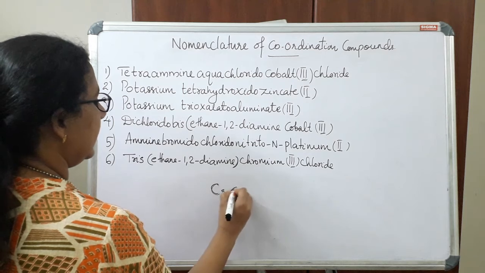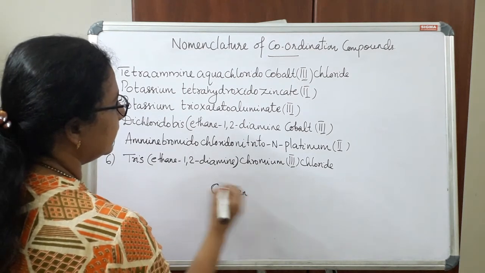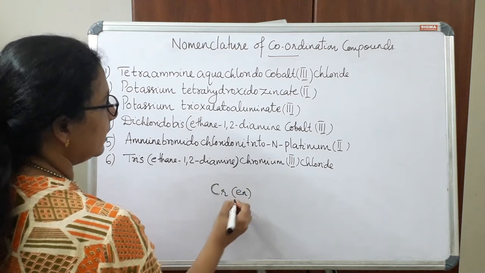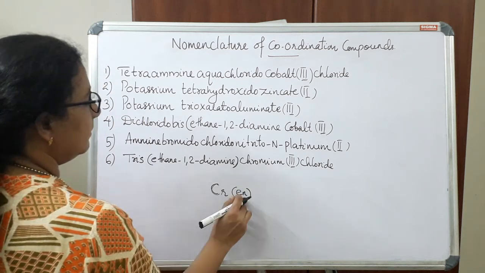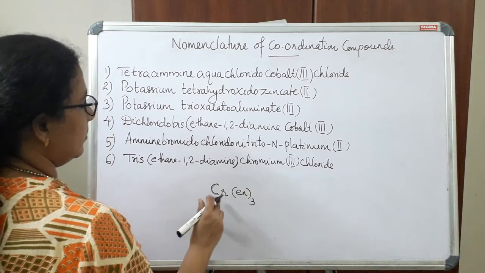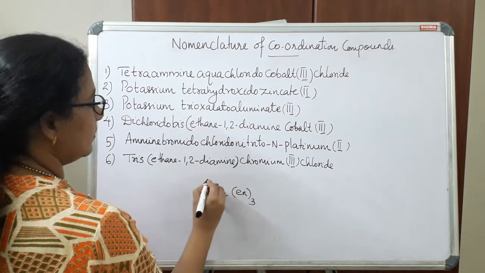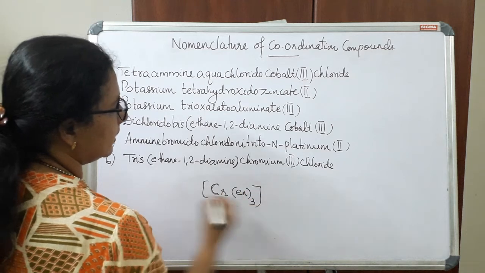Then comes the ligand tris-ethane 1,2-diamine. Ethane 1,2-diamine can be written as En. So En in bracket, then it is tris, so it will be 3. So tris-ethane 1,2-diamine chromium, this is the complex part.